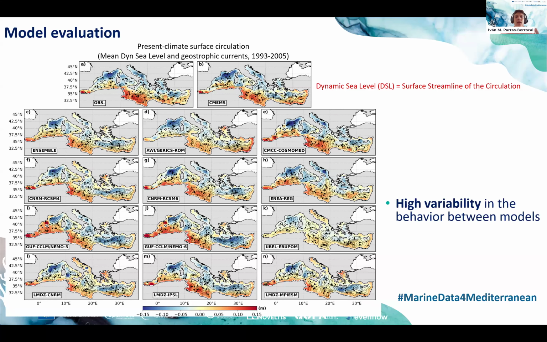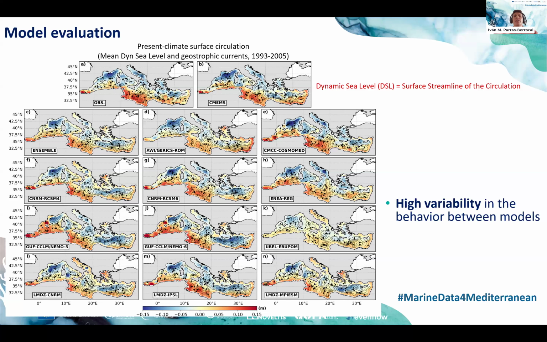Well, when we add all the models, we found a highly variable response, but most of them generally represent qualitatively well the spatial patterns, with the lower values at the northern coast, with the minimum located here in the cyclonic gyre in the Gulf of Lion, and the maximum related to those anticyclonic gyres, like here in the Alboran Sea.